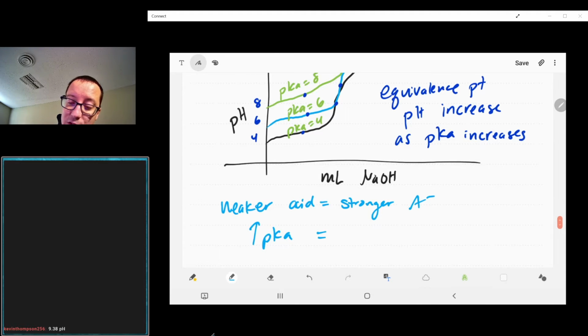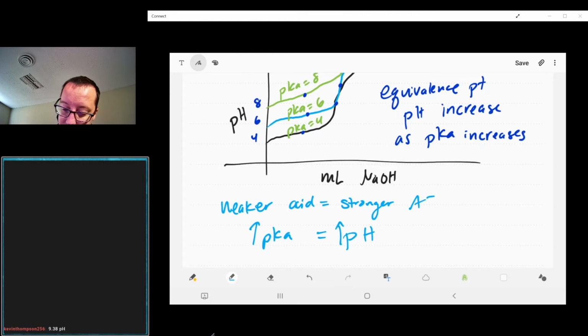That means we're going to have a stronger A- in our solution at the equivalence point, so our pH will go up as well. All right, so if we're just comparing different ones, we're going to see that stronger acids will have lower pHs at equivalence point. Weaker acids are going to have higher pHs at the equivalence point. All right, so hopefully nothing too crazy there.